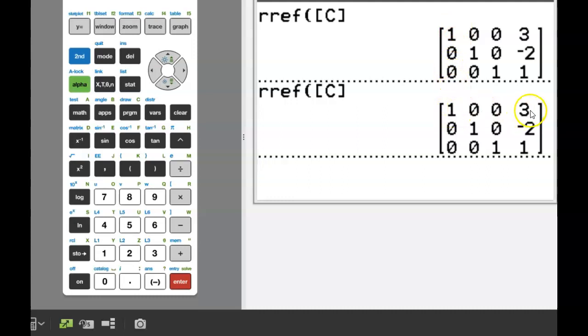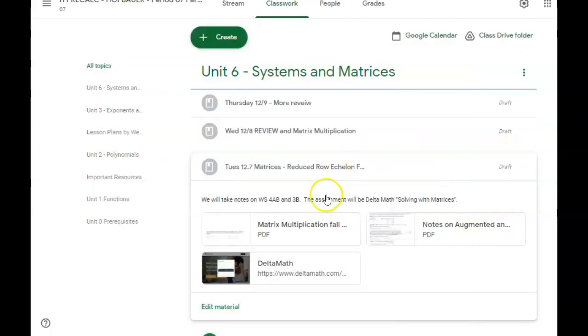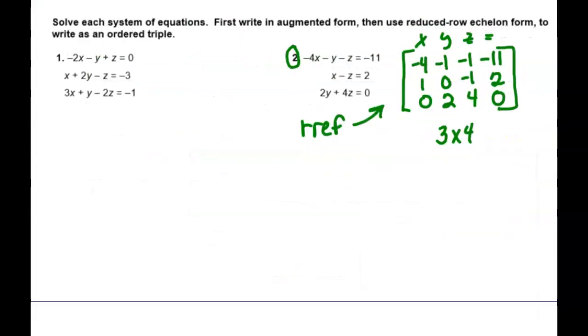This means x equals 3, y equals -2, and z equals 1. I have lost what we were doing. So my solution, and you could write that down if you wanted, but can anybody tell me what it came out again?